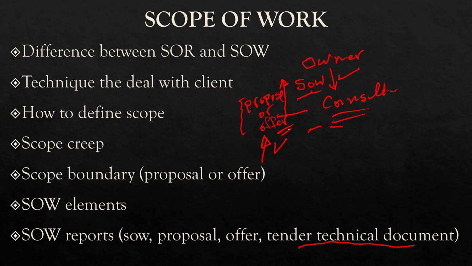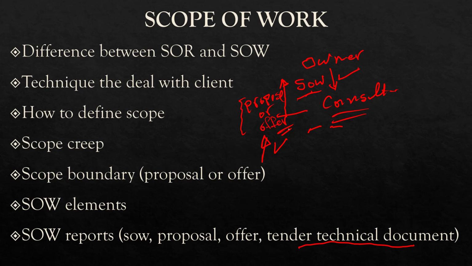Then after we define the boundary for any of these documents, we also discuss the scope of work elements in detail by template. I wrote the template as a checklist to be with you when you implement the scope of work, to avoid missing anything.